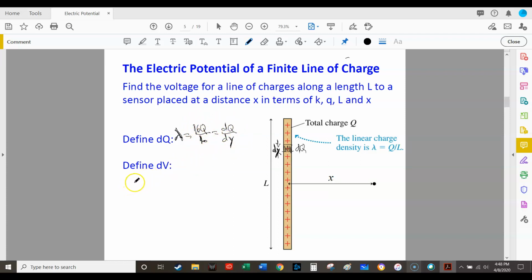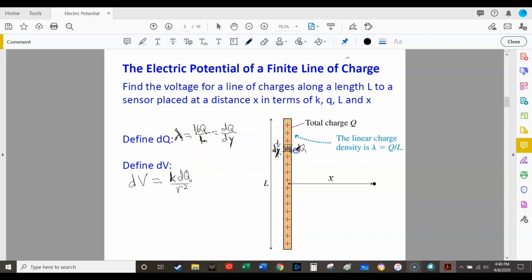So let's go ahead and write our base equation for the voltage. The voltage, or electric potential, is equal to K dq all over r. So let's go ahead and do a couple things here. We have the electric constant, we have dq, and we could solve for dq using this, and we have to find out the distance away.